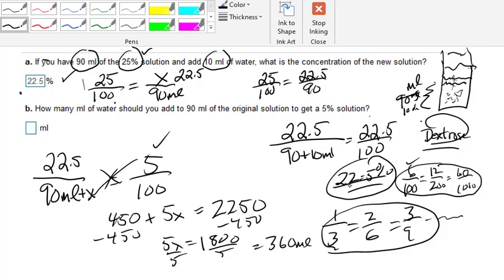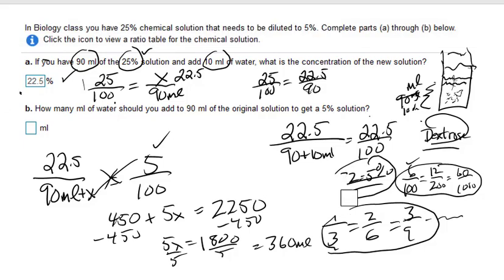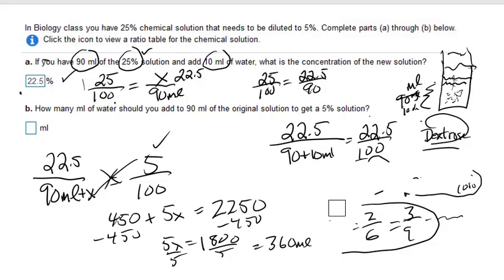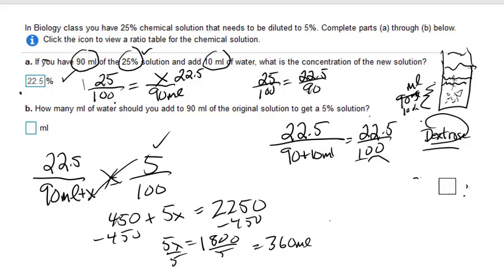So let me just clear this up here and show you what we have. We have 22.5 over 90 plus adding 360, which is 22.5 over 450 total.